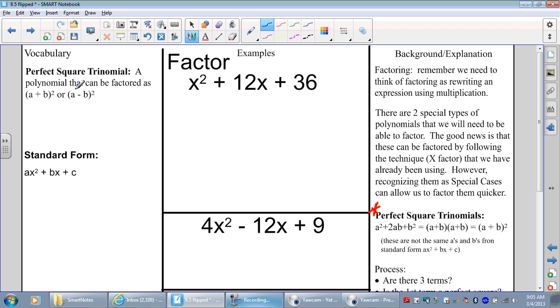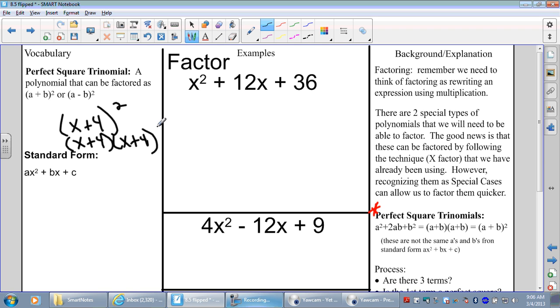Now, if you remember last unit when we were learning how to multiply polynomials, what if I gave you x plus 4 and asked you to square it? Those of you that got it right on the test knew that meant you had to do x plus 4 times x plus 4. Those of you that did it wrong fell for that common mistake of just giving the 2 to everybody here.